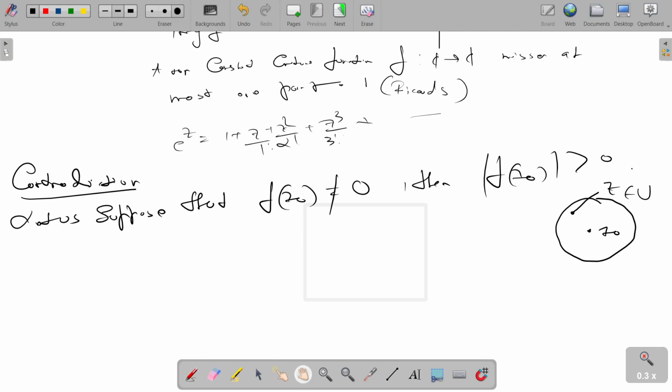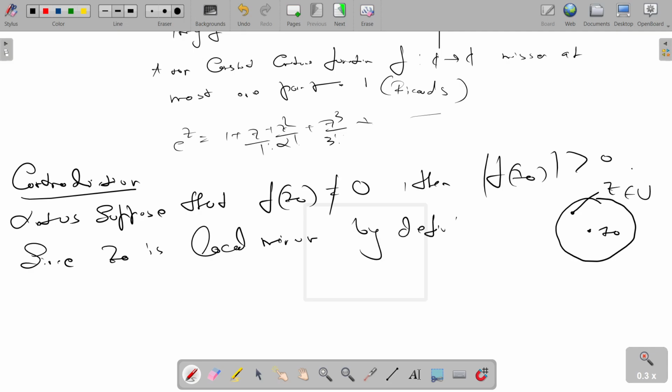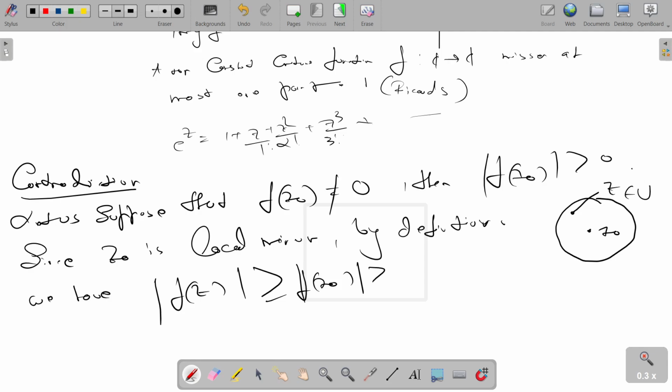Now, since z naught is a local minimum by definition, we have mod of f(z) greater than or equal to mod of f(z naught), which is greater than 0. So this is true for all z belongs to U.